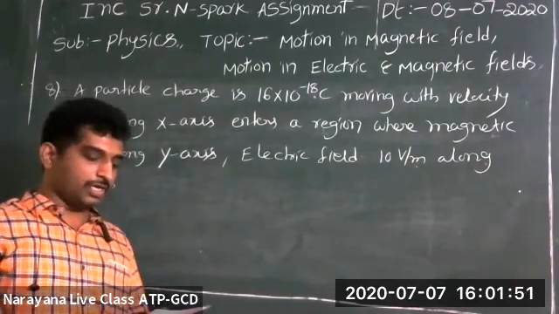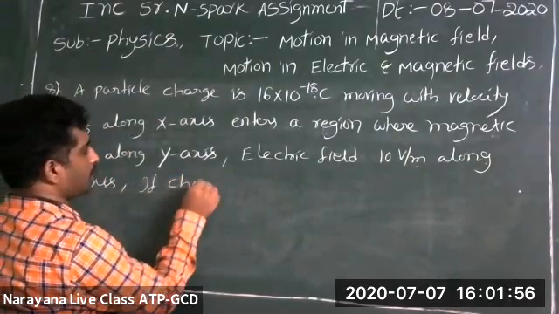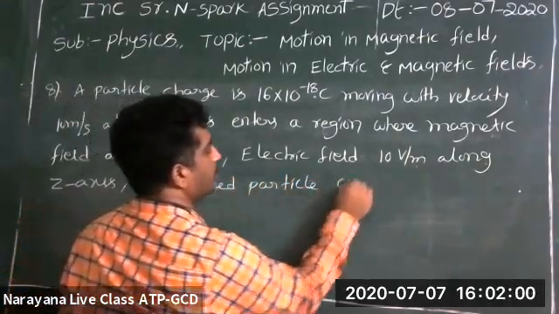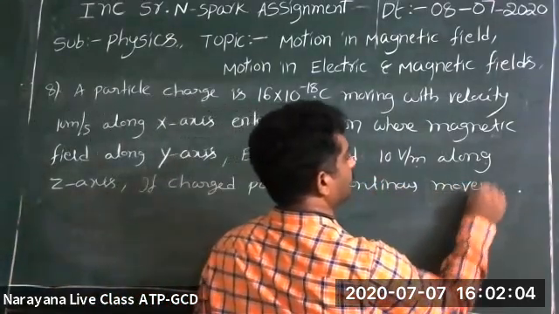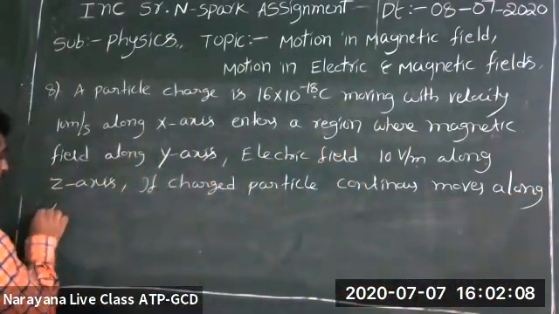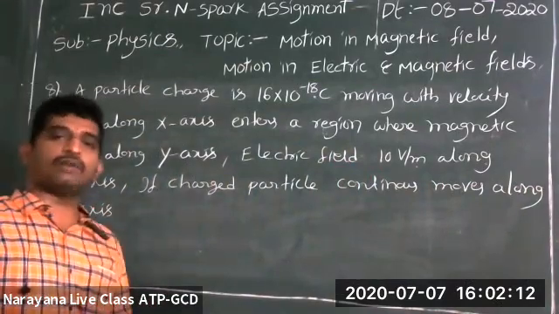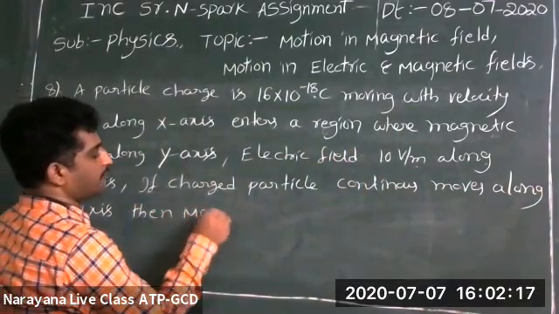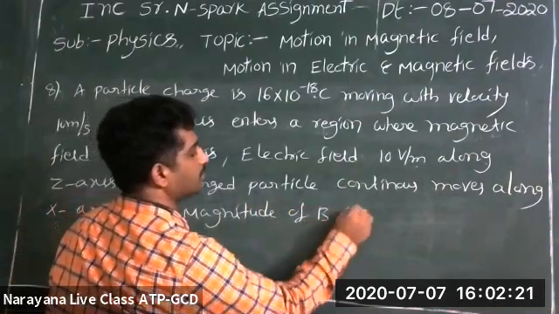Okay, if the charged particle continues moving along x-axis, then magnitude of B is.